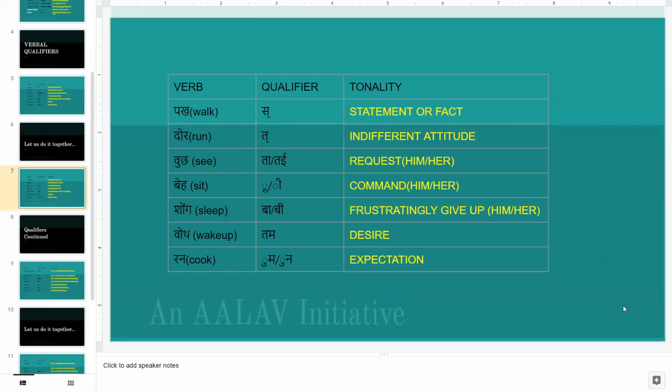Dorun, pakun, wuchun. So expectation. The first form, just disregard that. I think it's a mistake in the slide. The expectation is actually just the un part. Shongun, byuhun, wuchun, dorun, pakun, ranun, wathun. So just the un part, the second one, that is the expectation.